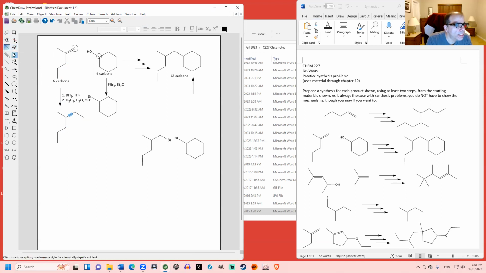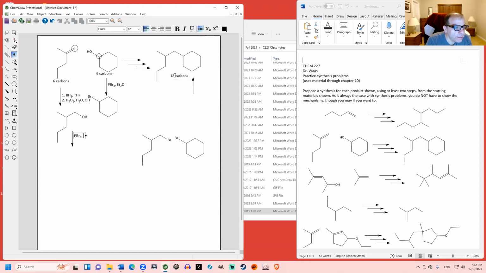That converts the alkene to the non-Markovnikov alcohol. Then we can convert the alcohol, the primary alcohol, to the alkyl bromide the same way we did before.